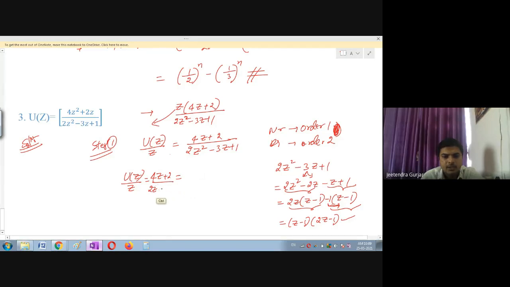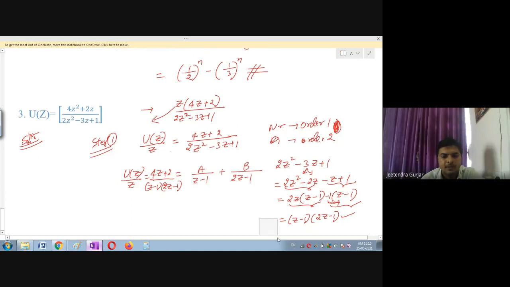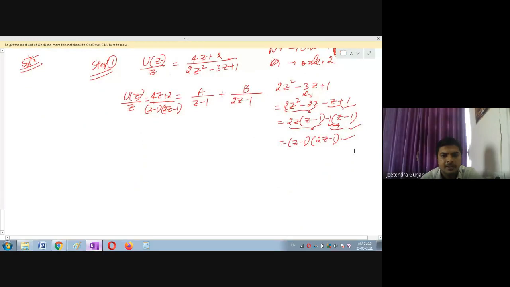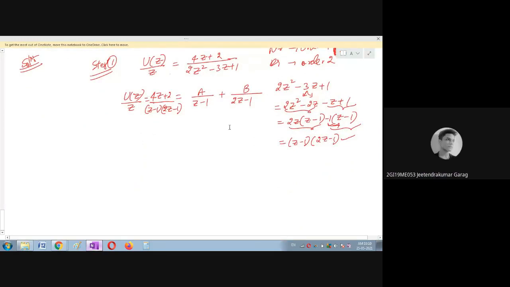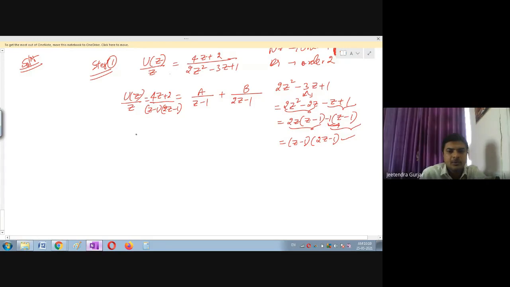Instead of 2z squared minus 3z plus 1, I will write z minus 1 times 2z minus 1, friends. So this is now A divided by z minus 1 plus B divided by 2z minus 1. Okay, students, please tell me what is the answer now. What are A and B in this? Minus 8 and 6. Yes, so you can find that A is minus 8 and B is 6.